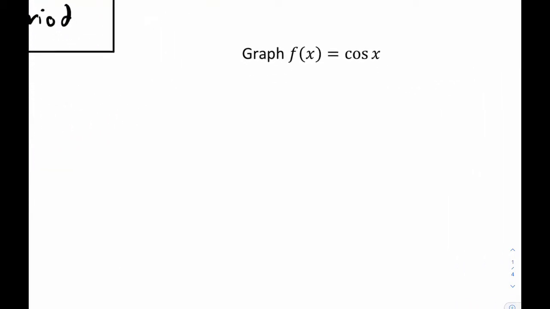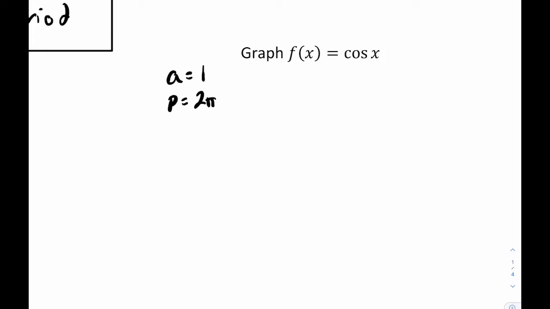Now let's go to cosine. So the pattern you're going to follow is you want to identify your amplitude and period. So A is once again 1, period is once again 2 pi. Then you're going to want to have your t. So here's my t.